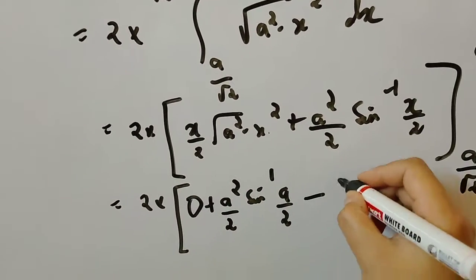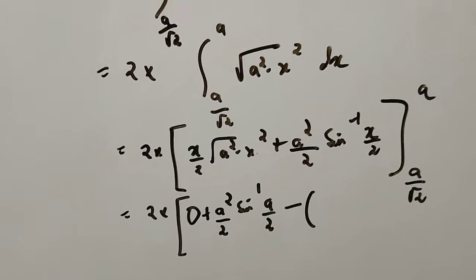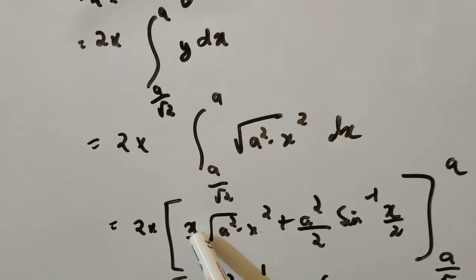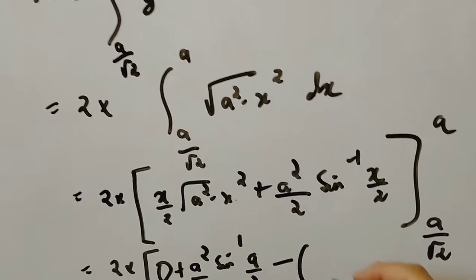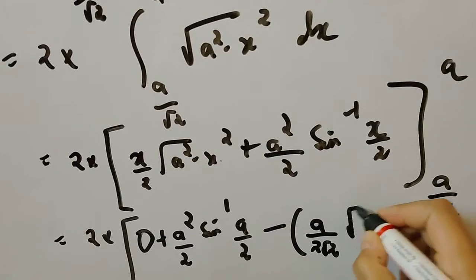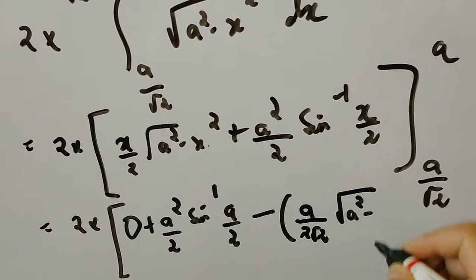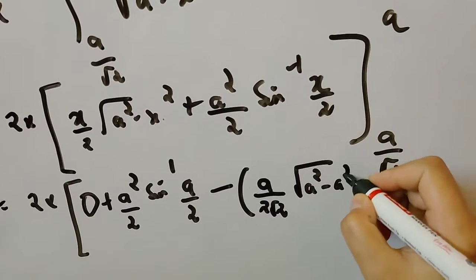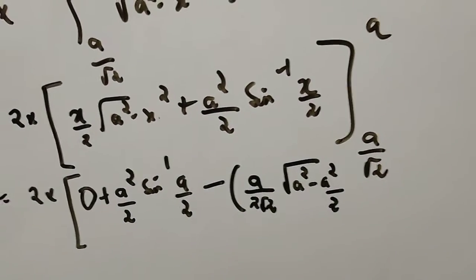Then minus. Minus means now we will put a by root 2 in place of x. So this will become a by 2 root 2 into root over a square minus, in place of x square, a square by 2.